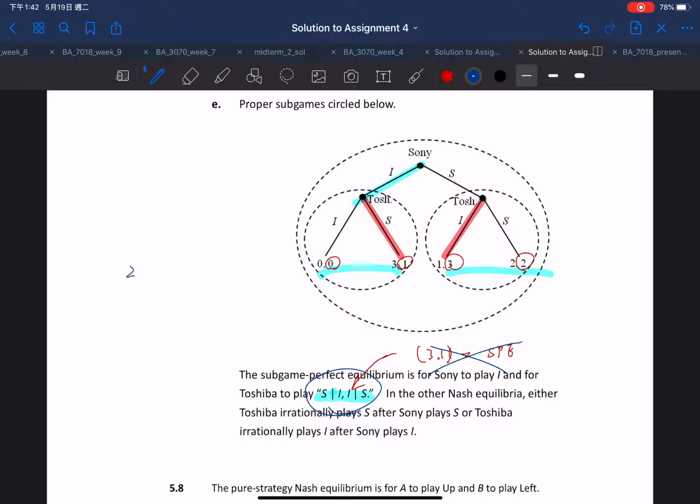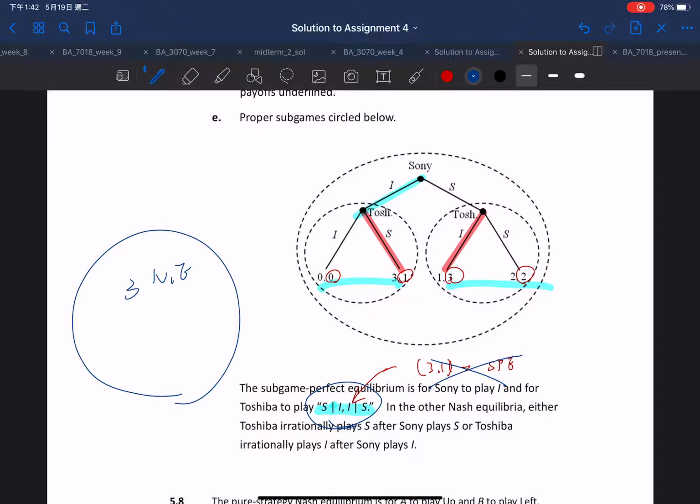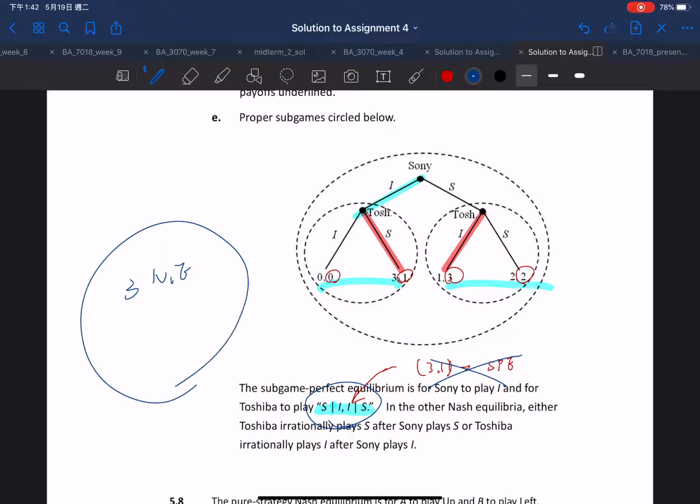So you find 3 NE, and out of these 3 NE, there is only one that's SPE. And the question was why the other two are not SPE, basically. And this is what I mean by credible or non-credible in the lecture, right?